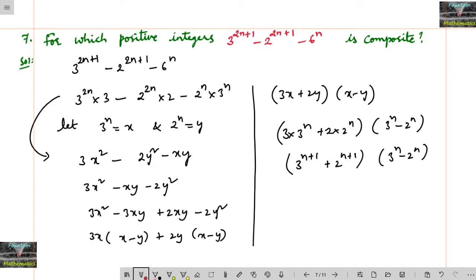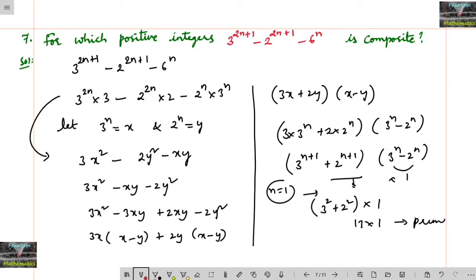In this expression we can find that for n equal to 1, 3 minus 2 becomes 1, and 1 into some number is not composite. For n equal to 1, if I substitute here, 3 to the power of 1 plus 1 is 3 power 2, plus 2 to the power of 2 into 1: 9 plus 4, 13. 13 into 1 is a prime number, right?